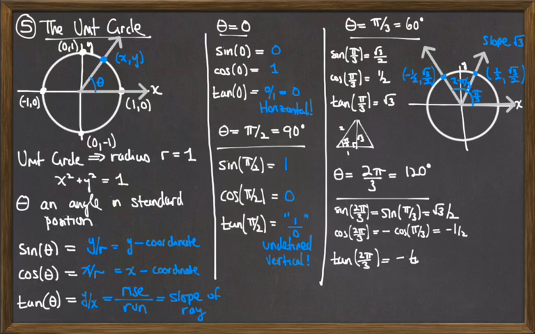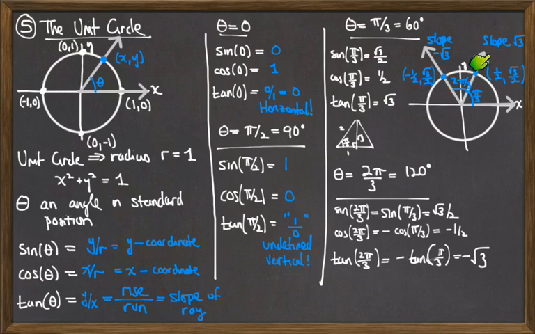The tangent of 2 pi over 3 should be the opposite of the tangent of pi over 3. There's actually a little error here in my calculation there. That should be pi over 3. And if I look at that, the reason for that is because if I look at the slope here, it's positive.